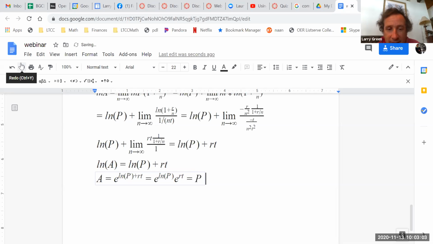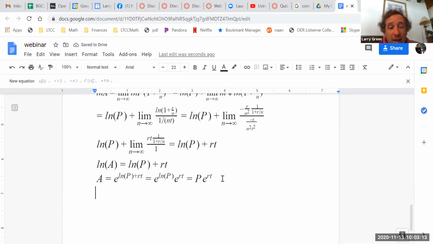Yeah, p. So we get p e to the RT. Okay, and you might have even heard this as the Pert equation. This is a very famous equation, a equals p e to the RT. And this is the proof that it works.